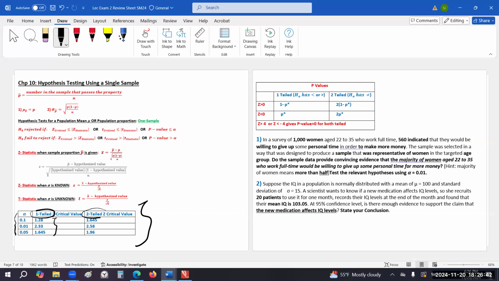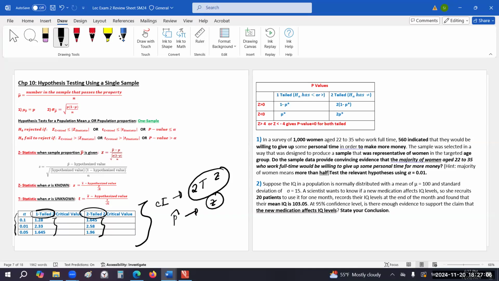If you are working with two tail, these are the numbers you have to work with. Anytime you work with a confidence interval, they always use two tail Z. If you are working with proportion, they use Z, they never use T. Proportion means Z.